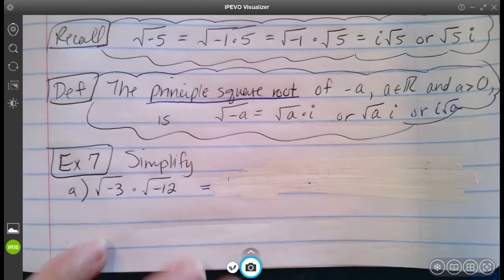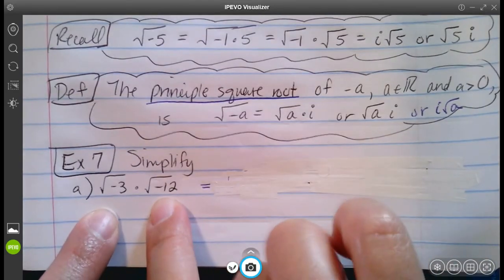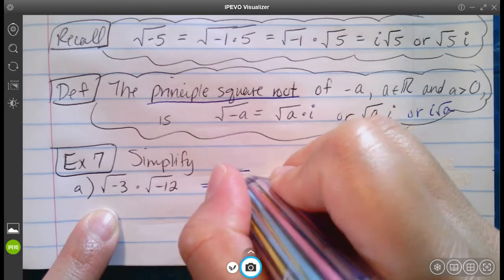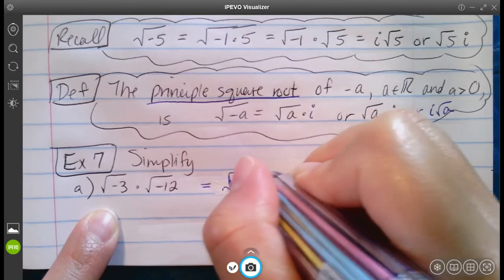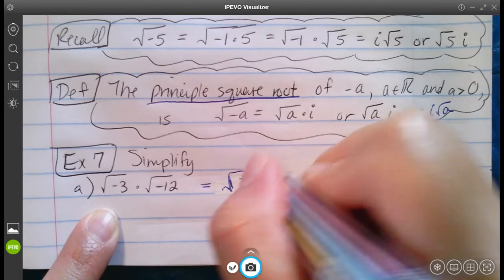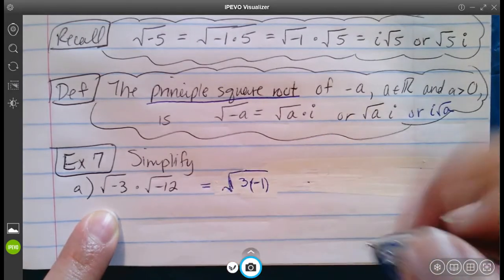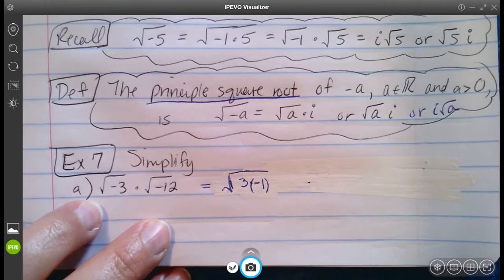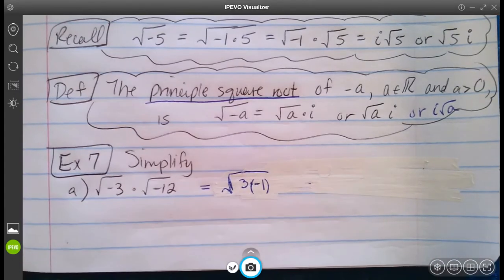So here's how this one's going to work. I'm going to change these individually first. So we're going to have the square root of 3 times negative 1. Sorry, I wrote some wrong numbers on here earlier. I was looking at different problems again, so I don't want to confuse you.